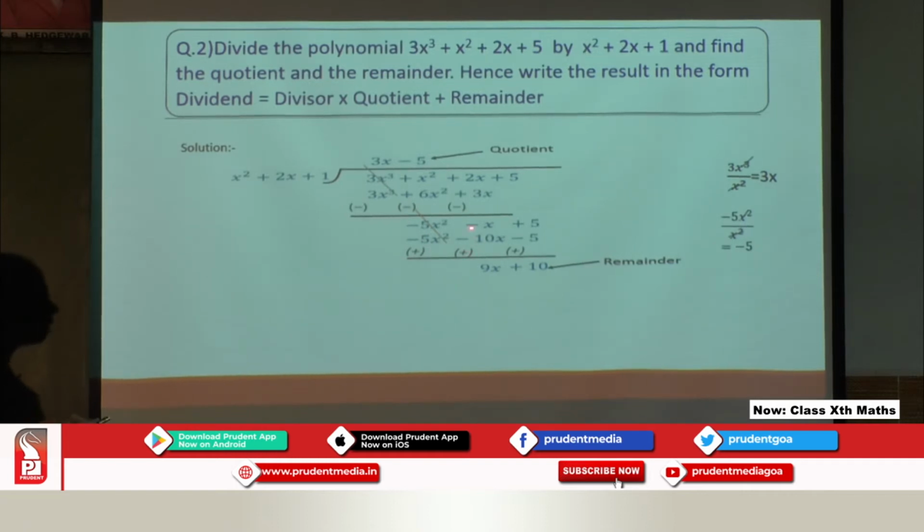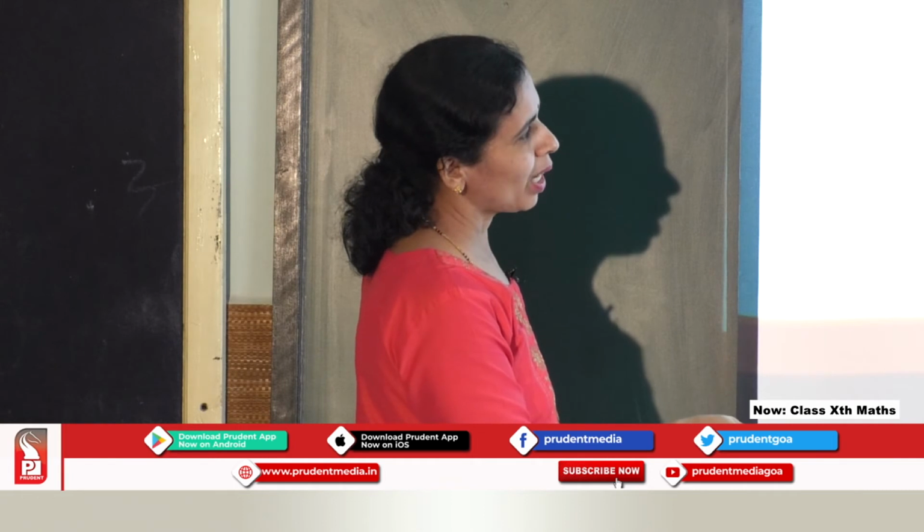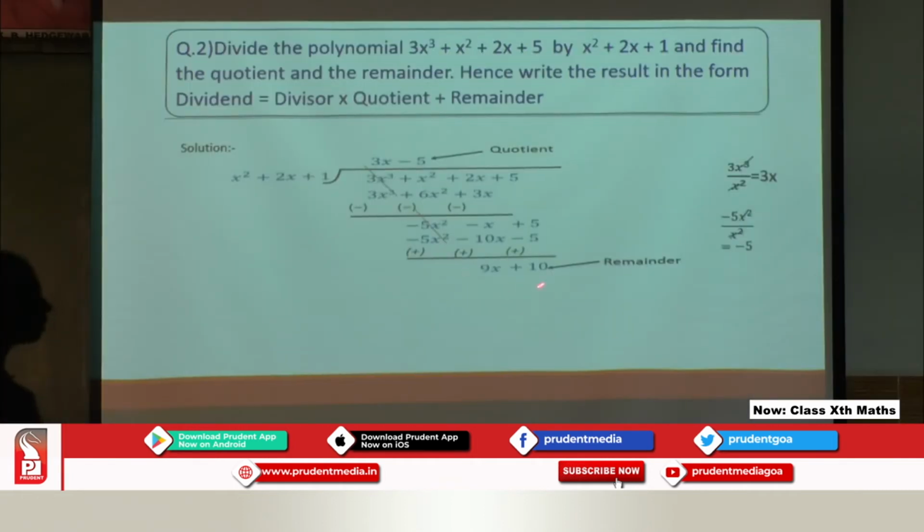Again plus minus, subtract: 10 minus 1x, that is 9x, but the greater number has a positive sign, so plus 9x. Again both are positive, so add 5 plus 5, that is 10. So at last we got remainder as 9x plus 10.